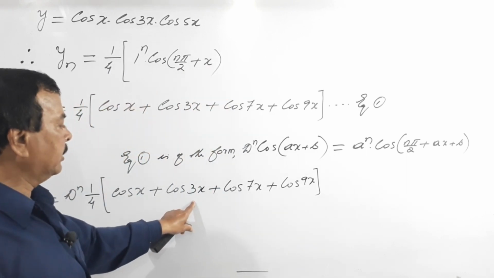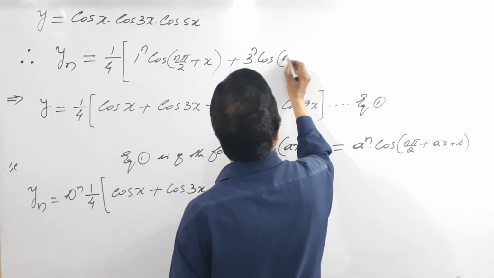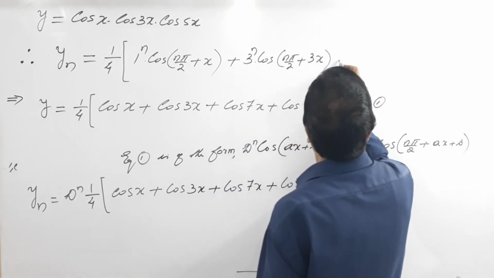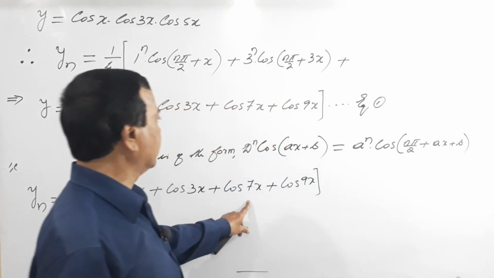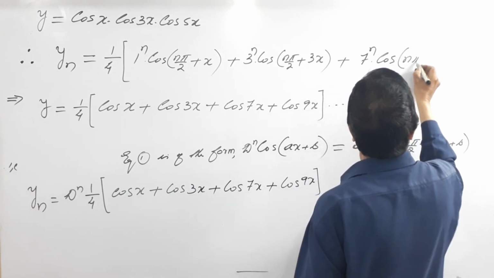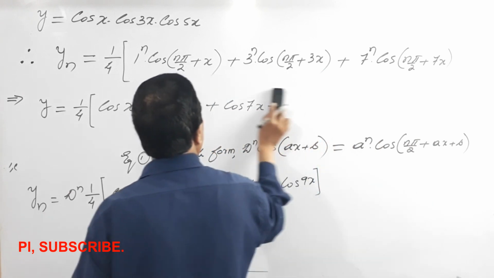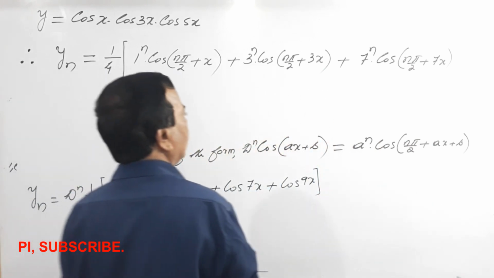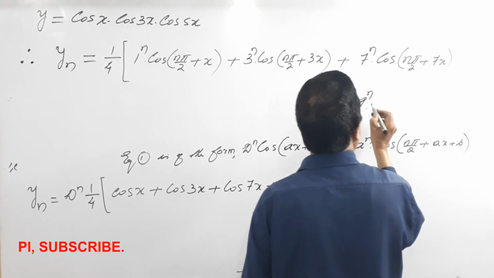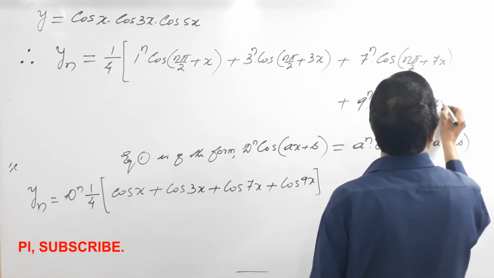We'll go to the next term. Here a is 3, plus 3 to the power of n cos of n pi by 2 plus 3x, plus, here a is 7, that is 7 to the power of n cos of n pi by 2 plus 7x, plus here cos 9x, so 9 to the power of n cos of n pi by 2 plus 9x.